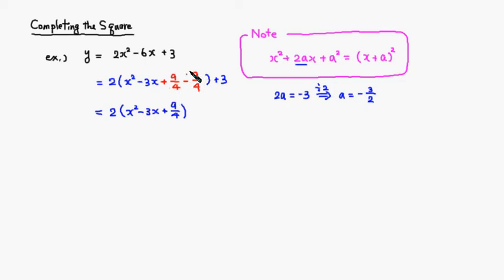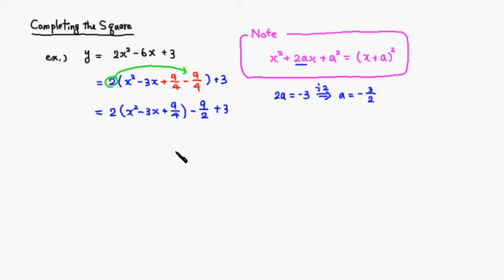There's one leftover term, so in order to get it out of the parentheses, we have to distribute 2 to negative 9/4. So 2 times negative 9/4 would be negative 9 over 2, as the 4 cancels out. Then you still have a plus 3 at the end, so we put plus 3 there.